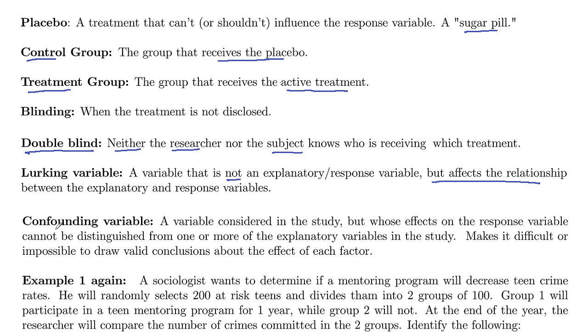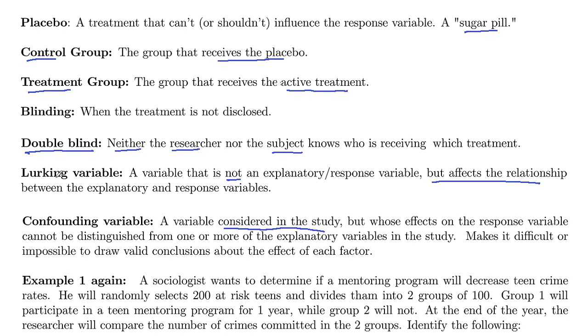And then a confounding variable is a variable that's considered in the study, okay, but whose effects on your response variable can't be distinguished from one of the explanatory variables that's in the study. So confounding variables are going to make it sometimes difficult or even impossible to draw valid conclusions about each one of your factors.